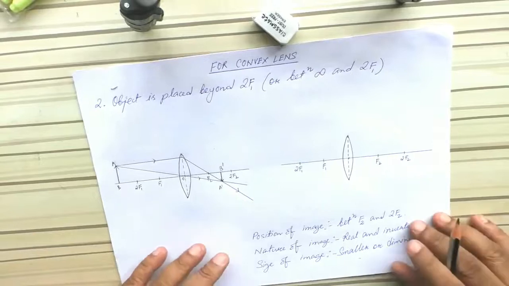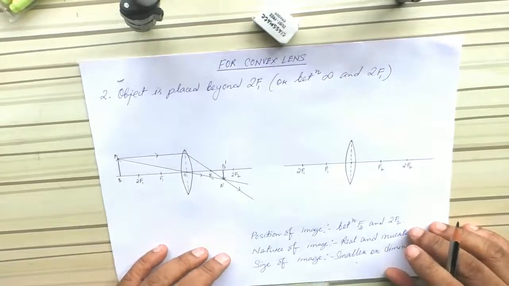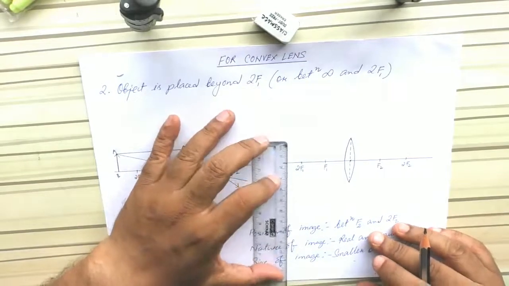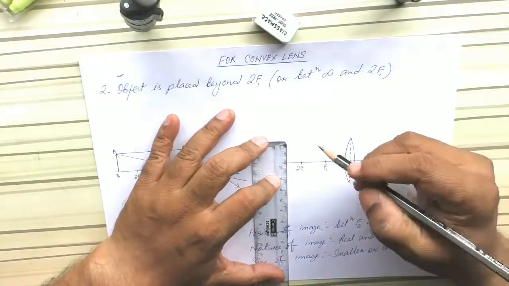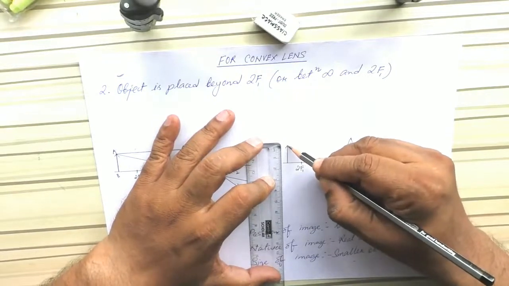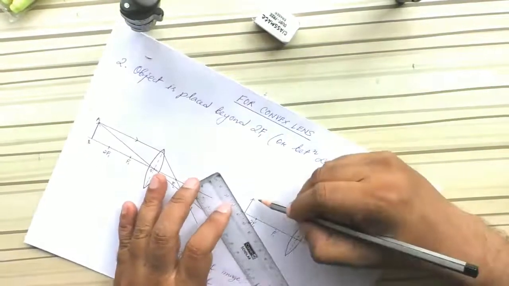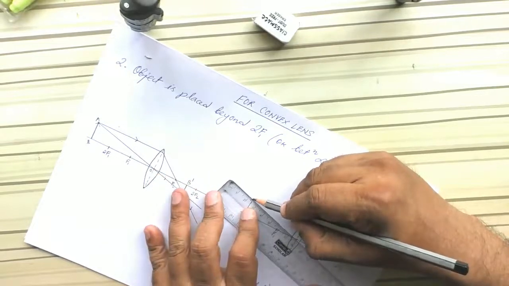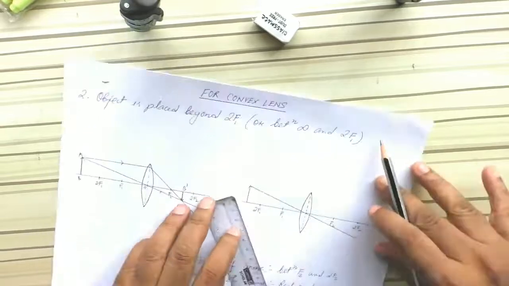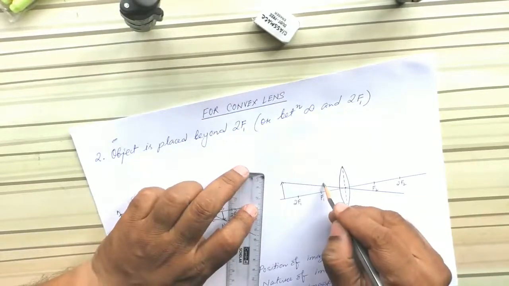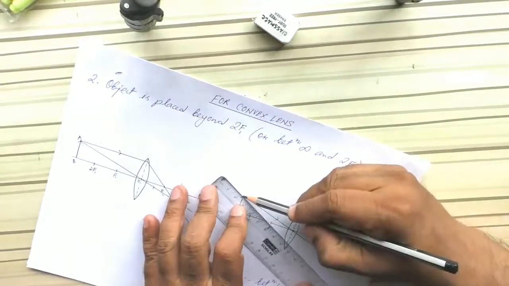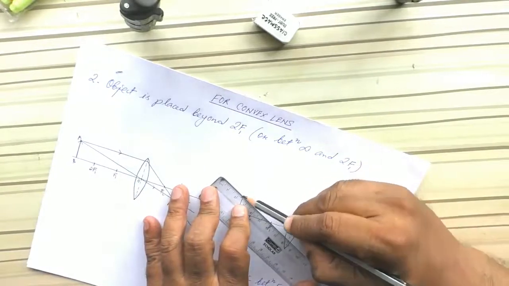If you want, you can draw the same diagram using different set of rules. Let us consider another way of drawing the diagram. This time I am considering a ray of light passes through optical center. It passes straight without any deviation. And second one I can consider from focus.